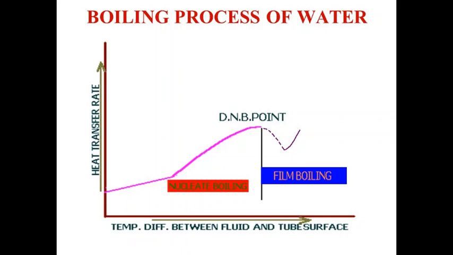So with the increase in heat transfer rate, we find the temperature difference between the fluid and the tube metal surface gradually increases. Initially, during the subcooling regime, the difference is very less, and gradually as we increase the heat flux, naturally incipient boiling takes place and then nucleate boiling.